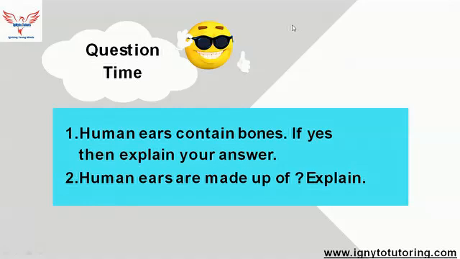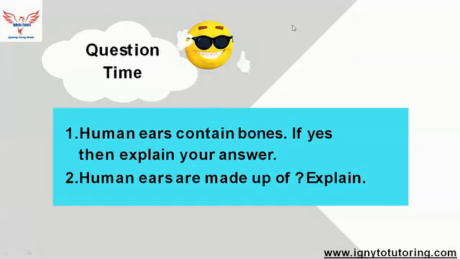The second is the anvil, that is called incus. It is in the middle of the chain of bones. The third is the stirrup, or we can call it stapes, that is attached to the membrane covered opening that connects the middle ear with the inner ear.